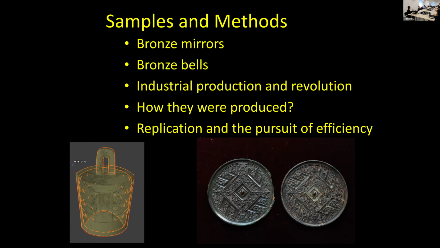There will be lots of transfers between models and molds, and between bronzes and the molds and models, because we are talking about industrial production. I will argue that the concern of efficiency lingers throughout the entire industrial operation, for both bronze mirrors and bronze bells.